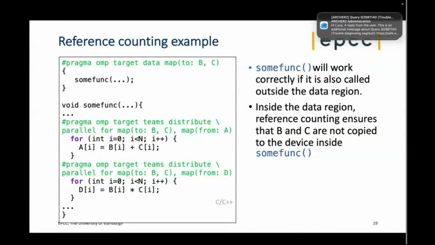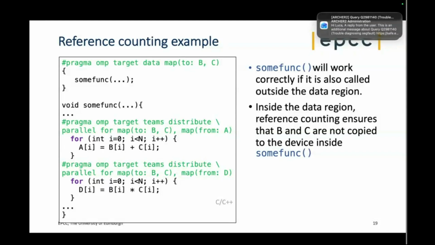So essentially, we have some code that takes care of where the data is, which is the target data directive. Then we have some other function which is responsible for doing some operation on B and C.